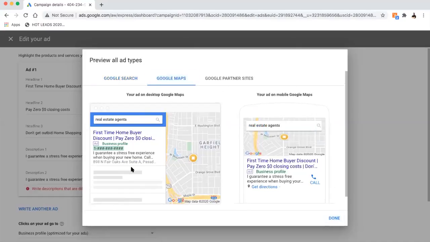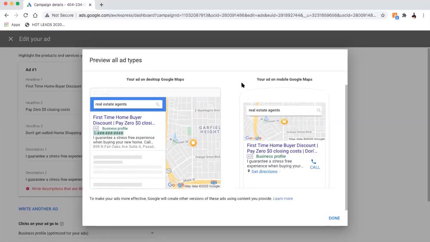It also shows Google Maps. When someone types in real estate agents on Google Maps, apparently it also pops up, correct me if I'm mistaken. It depends, because Google Maps doesn't advertise as Google Maps. They show the ads on the very top, like two or three rows.